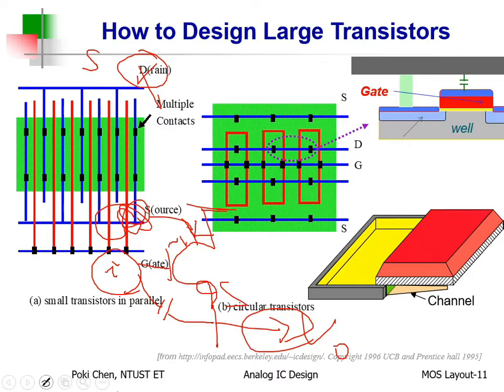According to the Miller effect, the capacitance between input and output will be amplified a lot by this factor. Got it? So the more voltage gain, the larger input capacitance you need to face according to the Miller effect. And this is the reason why I told you this is only for output, because it has much less parasitic capacitance. Why? Because it has no overlap here. All right? That's it.